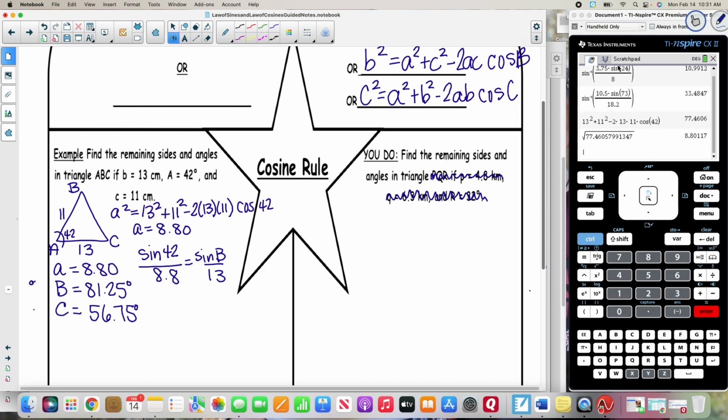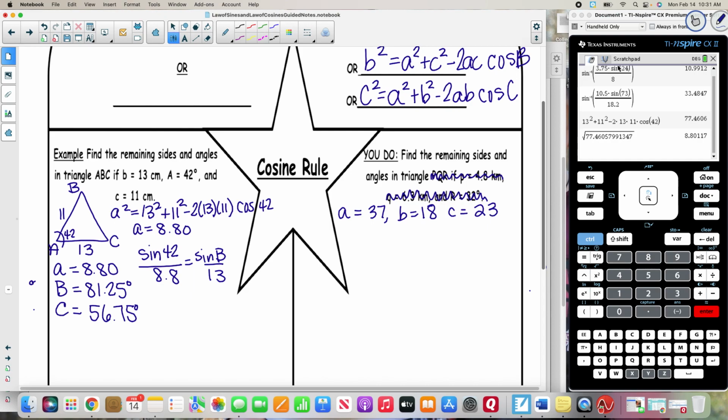There's a lot happening with these equations. So I'm going to give you that little a is 37, little b is 18, and little c is 23.